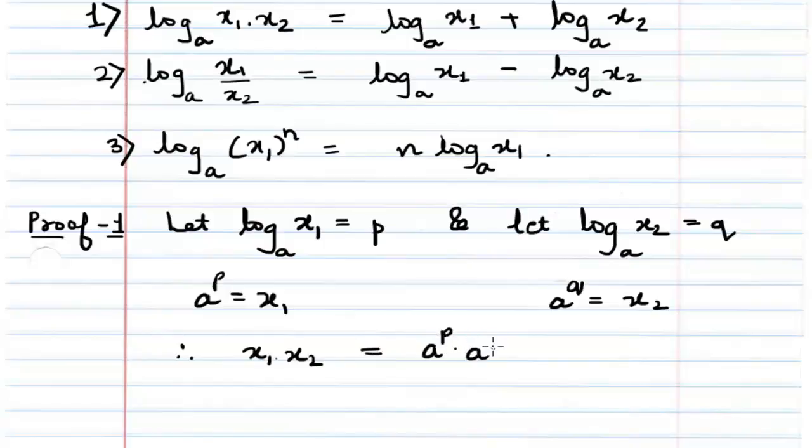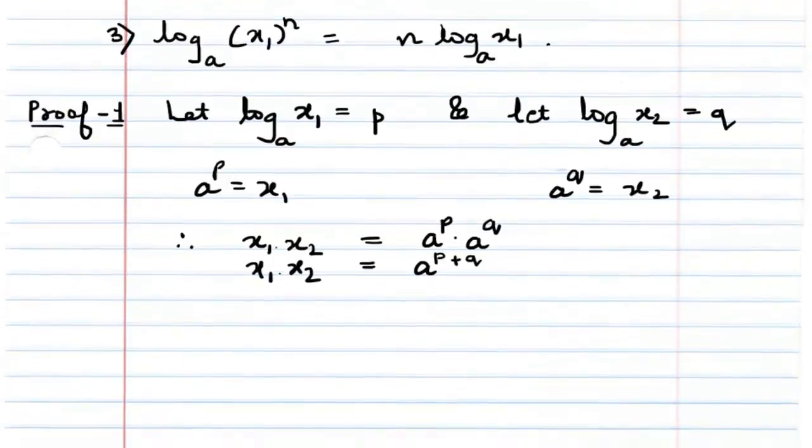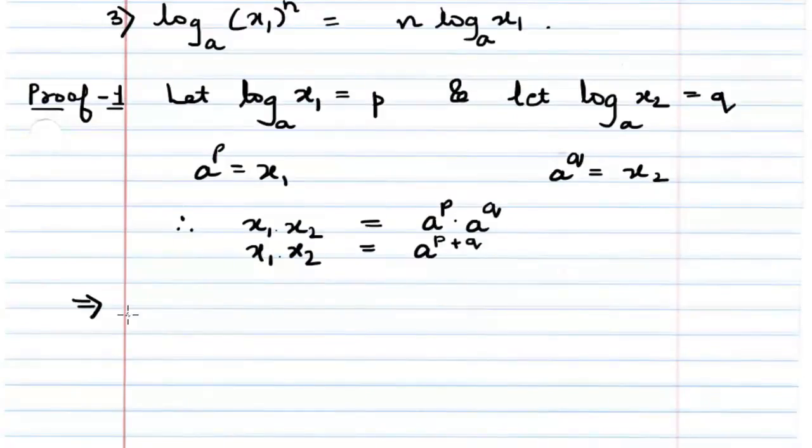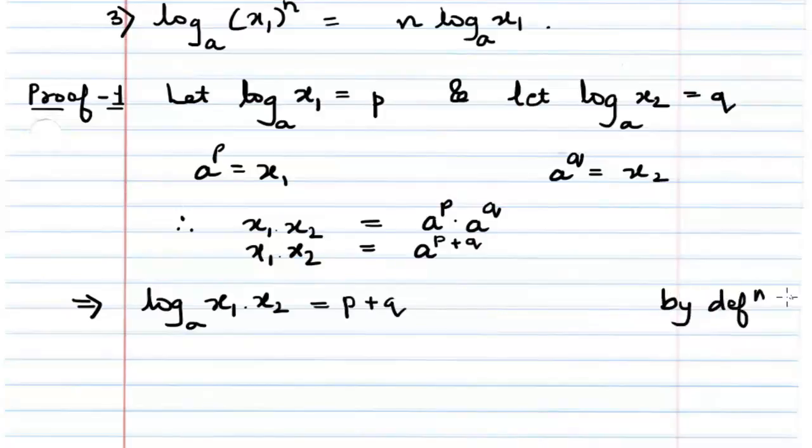Therefore x1 times x2 will be a to the power p into a to the power q, which is nothing but x1 times x2 is equal to a to the power p plus q, which gives us log of x1 times x2 to the base a is equal to p plus q by definition.